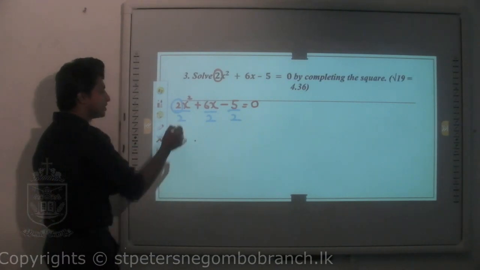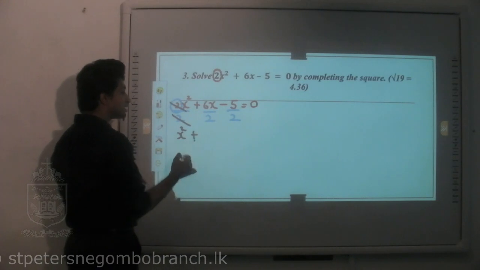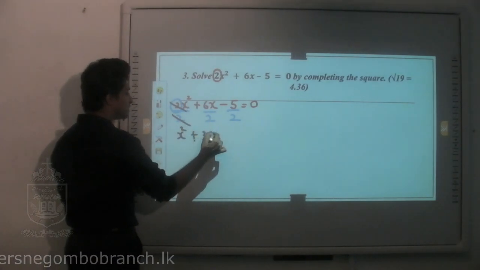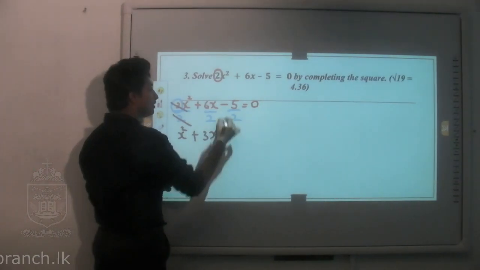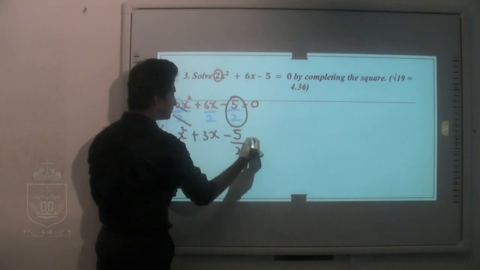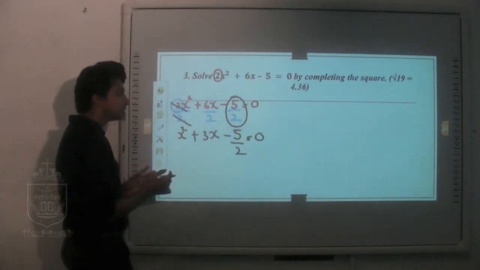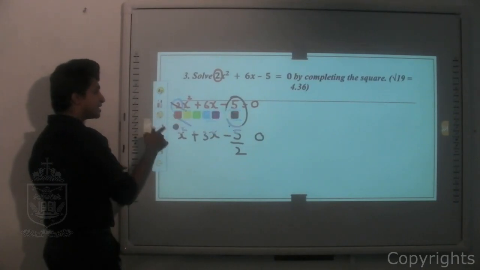Now what you are going to do is 2 will cancel, then x squared will remain, plus 6 divided by 2 is 3, that is also fine. Minus 5 divided by 2 I can't do, so keep it as it is. You won't get a whole number when you divide 5 by 2, so no need of dividing it, keep it as it is.